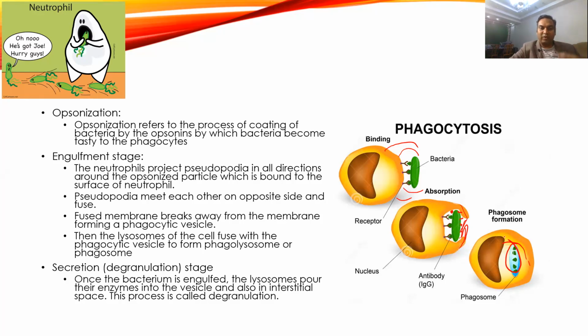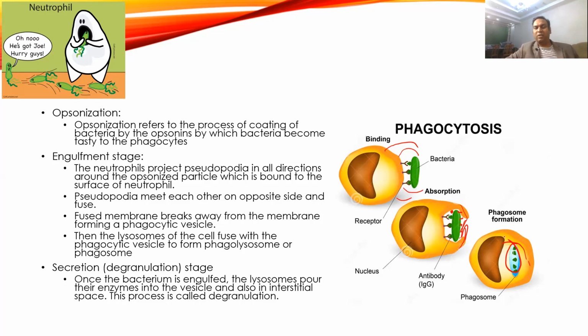Once it forms the phagosome, the phagosome moves inside the cell and fuses with another vesicle called a lysosome, those granules present in the neutrophils. These granules release their chemicals into the phagosome, and now it is called a phagolysosome. While lysosomes pour all their enzymes into the vesicle, they also release those chemicals into the interstitial spaces.